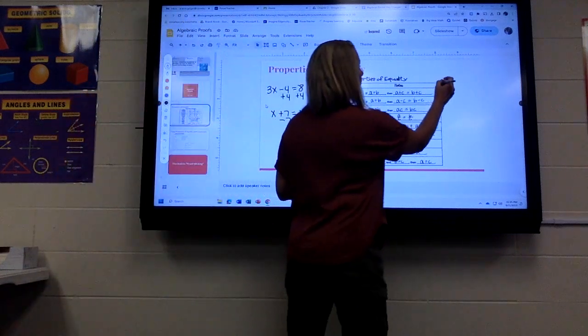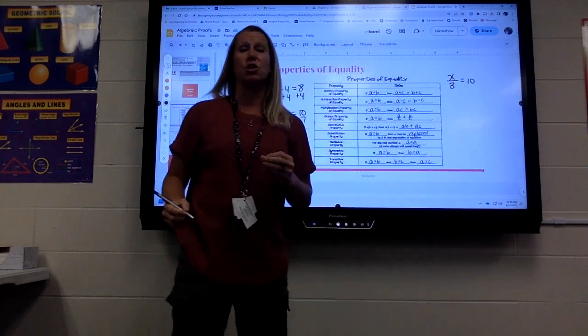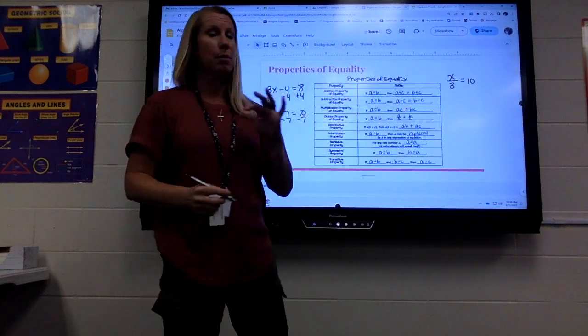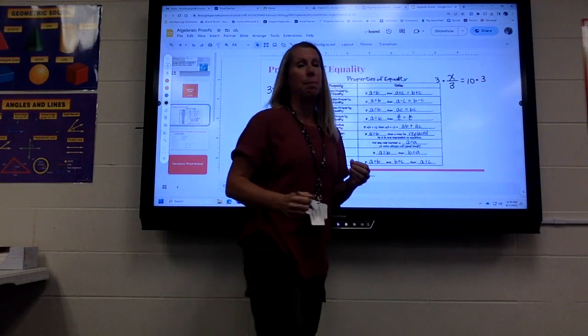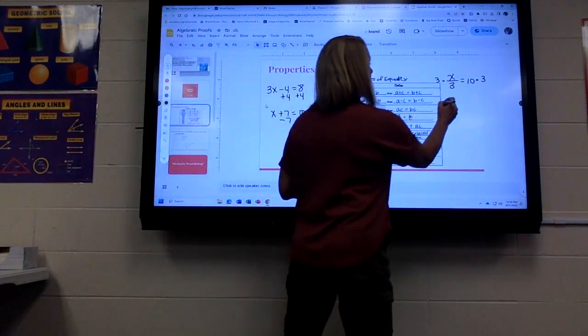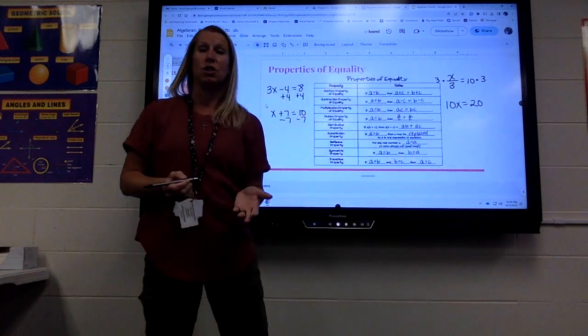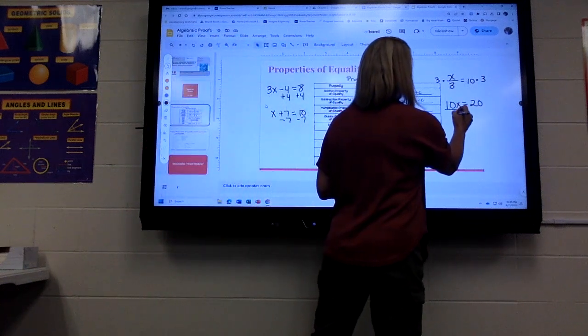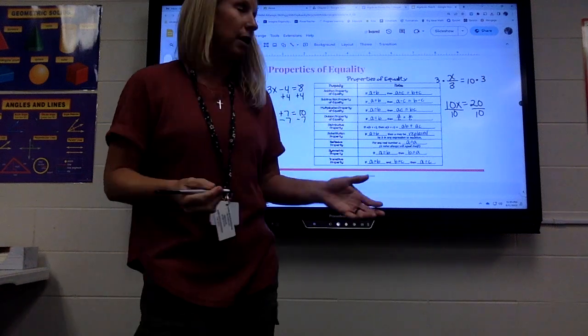Multiplication property, if I had x over 3 equals 10, to solve that, I would multiply both sides by 3. That is called the multiplication property. Division property, if I had 10x equals 20, to solve that, I would divide by 10 on both sides. That would be the division property.